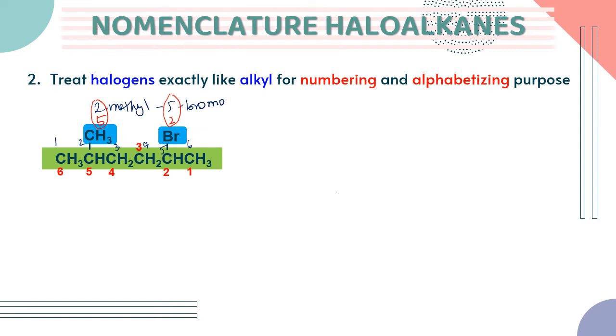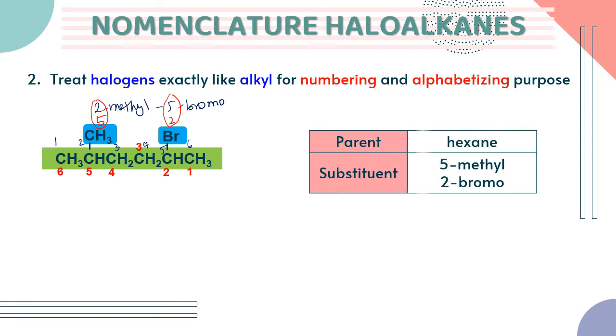We have a 6 carbon alkane, so the parent name will be hexane, and the substituents will be 5-methyl and 2-bromo. So we're going to use the red colored one. The name of the haloalkane will be 2-bromo-5-methylhexane.